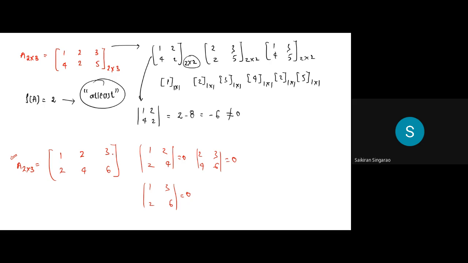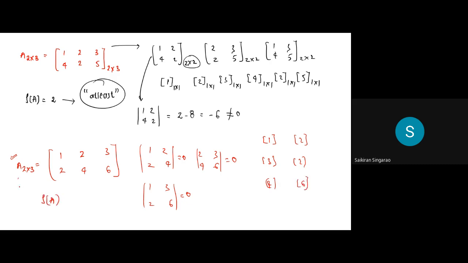Can you or can you not? Can, sir. You can, right? There are a lot. 1 is there, 2 is there, 3 is there, 2 is there, 4 is there. We can, right?